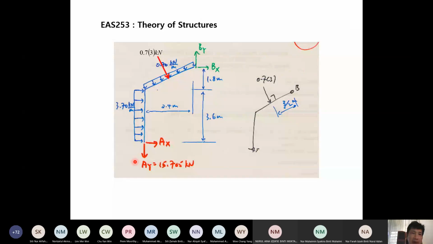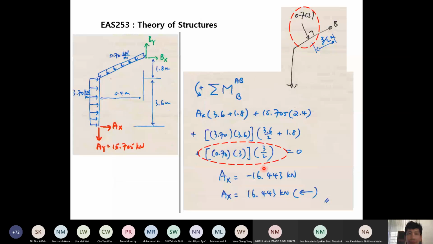Take moment at B. Then consider all the moment caused by AX, caused by AY, caused by this distributed load 3.7 kN per meter, and caused by this load acting on this inclined member. So this is how. So this AX 3.6 plus 1.8, this is a moment caused by this AX.